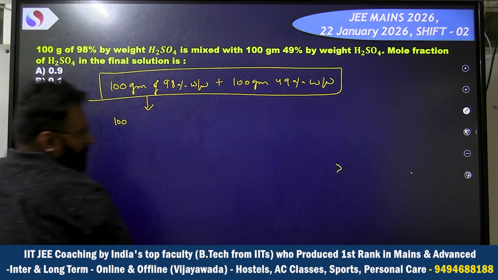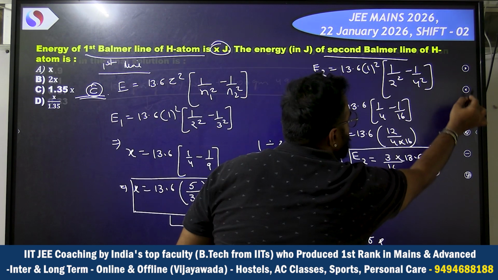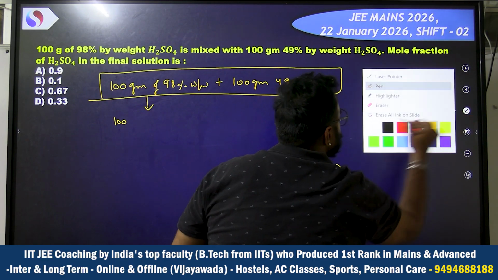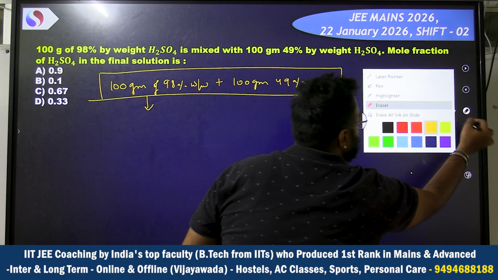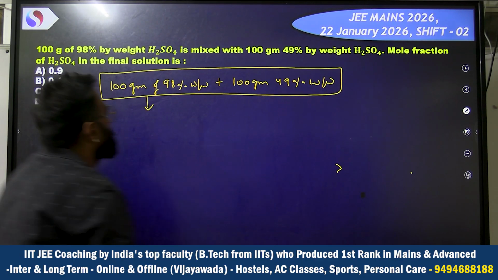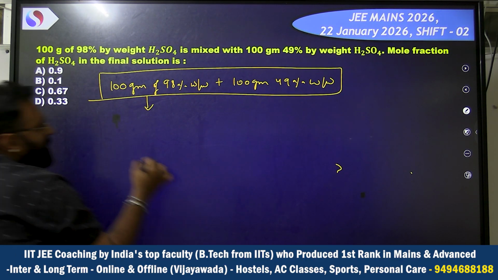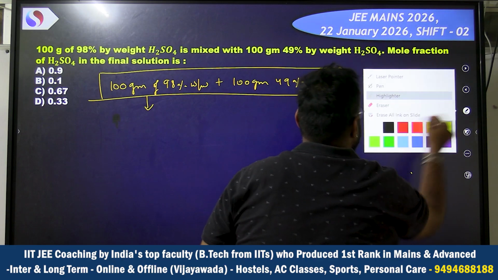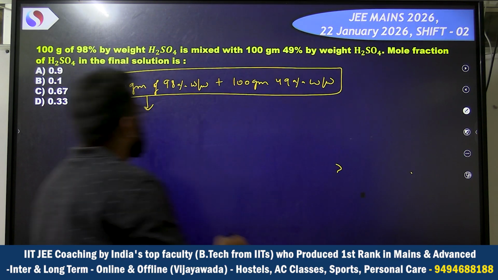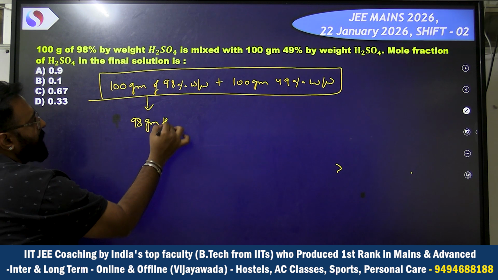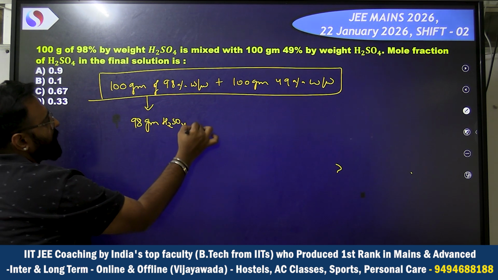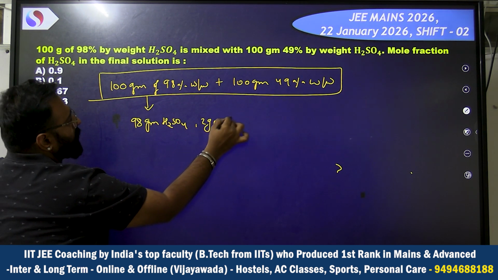98% means I can write 98% as 98 gram H2SO4 and 2 gram of water.